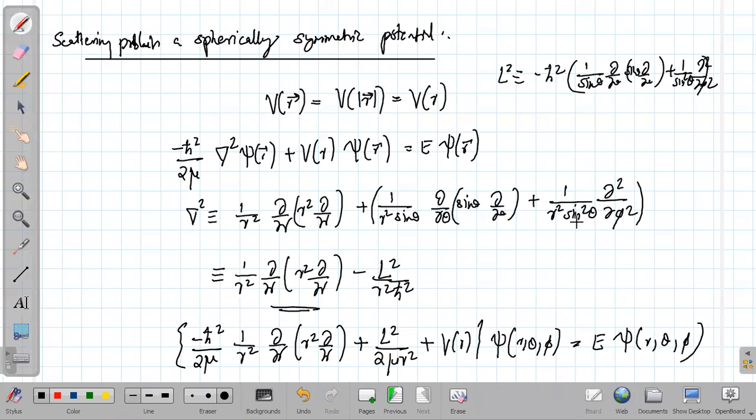So here we can use the variable separable method. So this psi of r theta phi we can divide into two parts: R_nL of r and Y_Lm of theta phi.